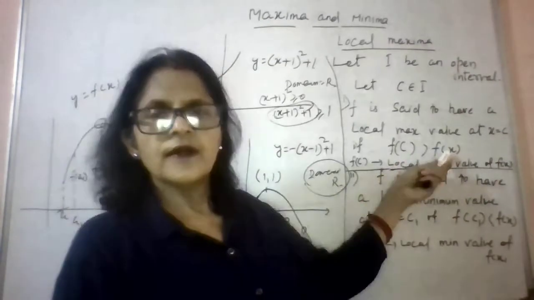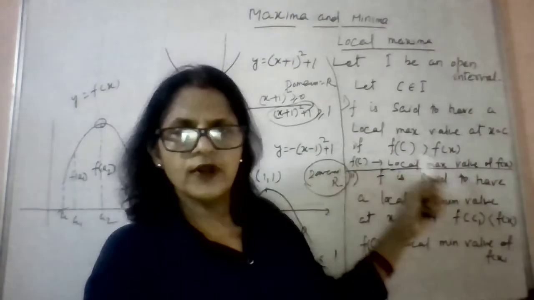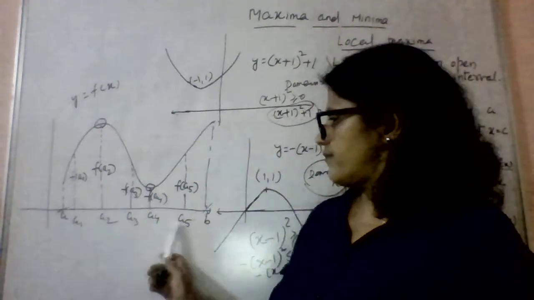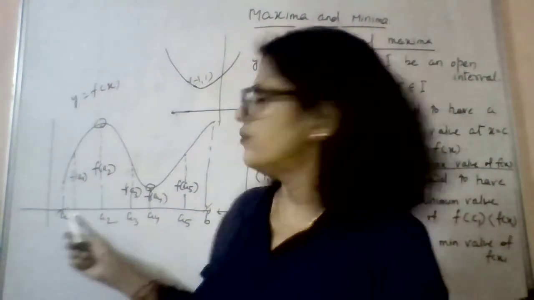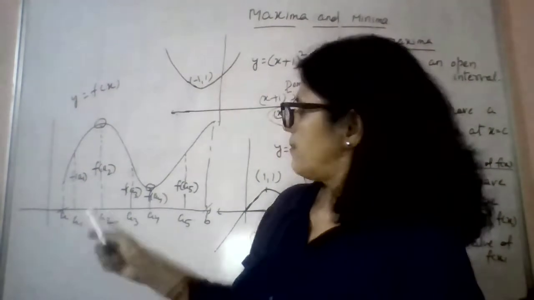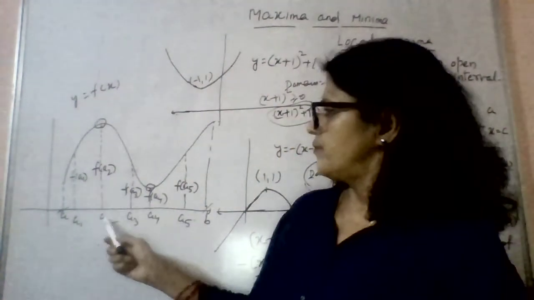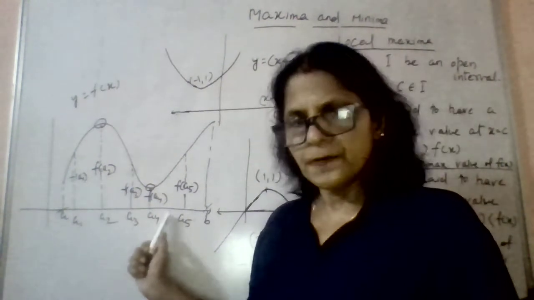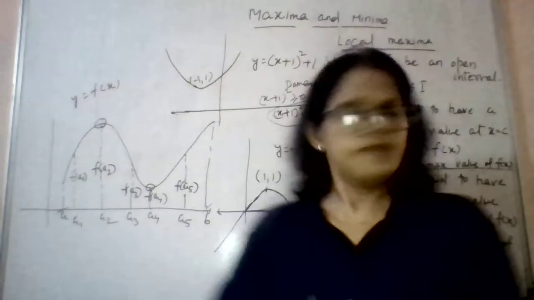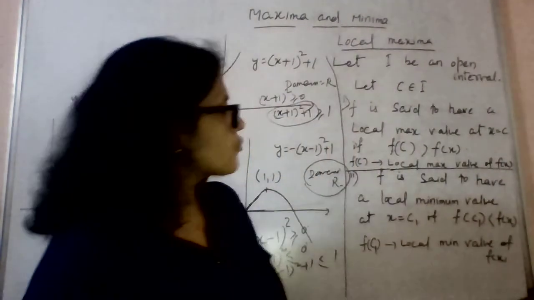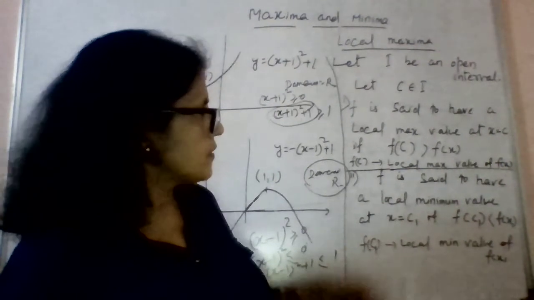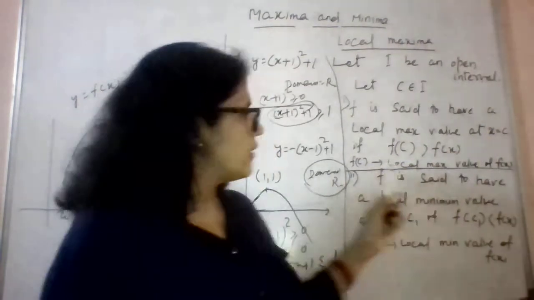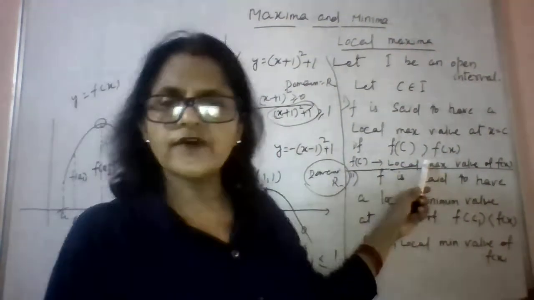Like here, of the points a1, a2, a3, a4, a5, at a2 the function attains maximum value. It means f(a2) is greater than f(x) for any x belonging to I. So x equal to c is the point of local maximum and f(c) is the local maximum value of the function.